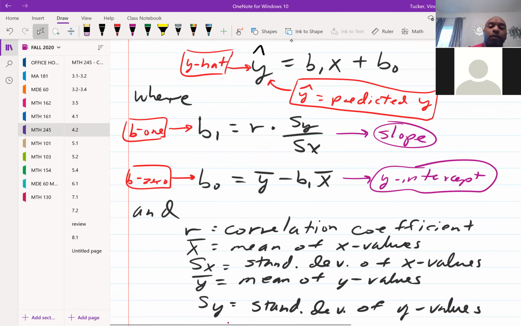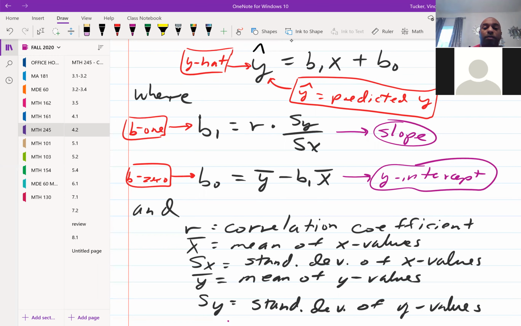So once again, the first example we're about to do, they're going to give us these pieces. We'll just plug them into the formula and calculate. And in the second example, they're going to give us just the data values in their rawest form. In that case, you would type it into a website or app, and then get your regression line.